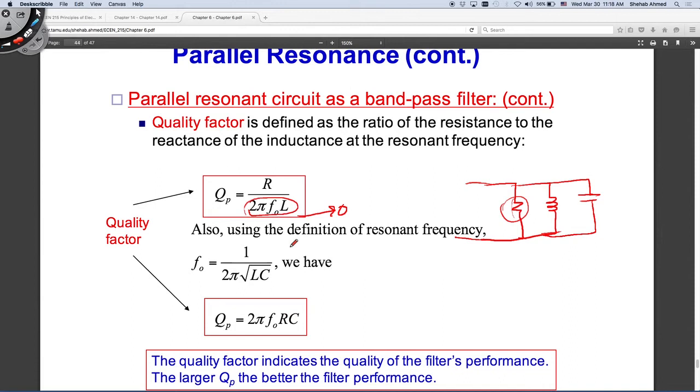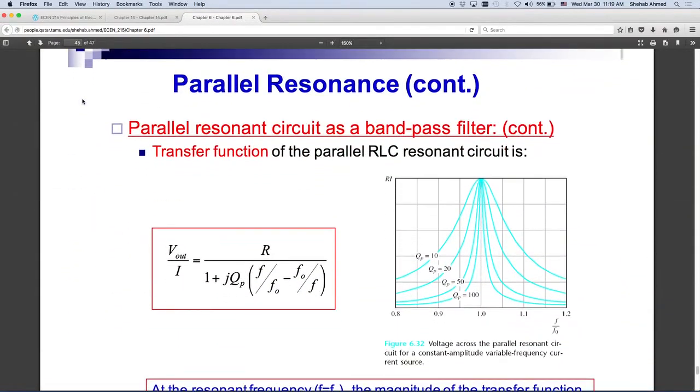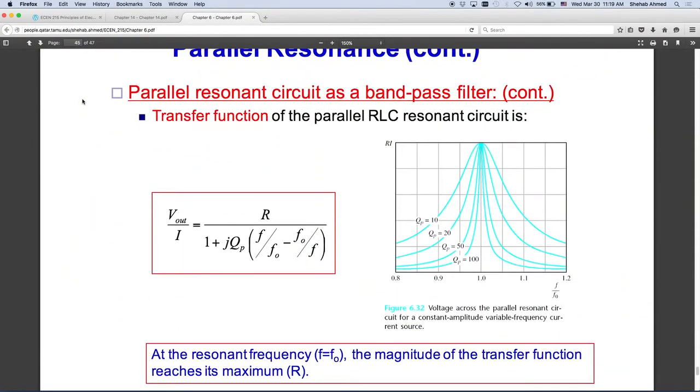And of course, with the capacitance, if I solve for L here and substitute in this equation, I can rewrite the equation of quality factor in terms of capacitance. So I have quality factor, and I can write my transfer function.